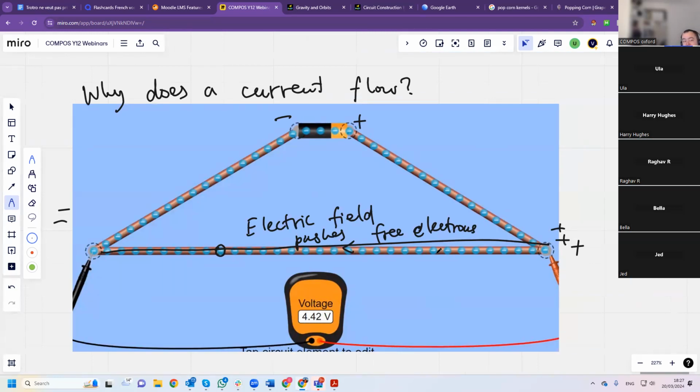They're being pushed by the electric field, which is produced by the battery. Does that answer your question? The electrons accelerate towards the positive terminal of the battery. So when I say they have zero energy, they don't. If that makes any sense.